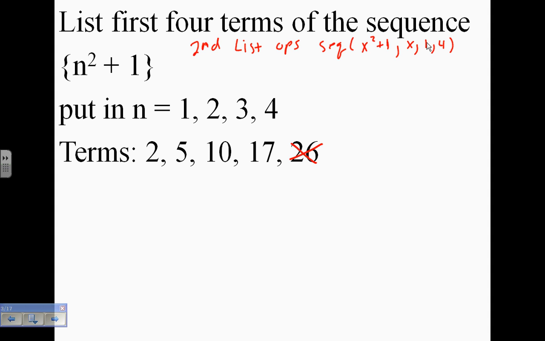You should get 2, 5, 10, 17. On TIs, it always goes sequence: your rule, your variable, your lower bound, and your upper bound. That's how it always goes. Like I said, you can do these manually or on the calculator. If you can't do it on the calculator, just do it manually. I'll answer your questions when I get back.